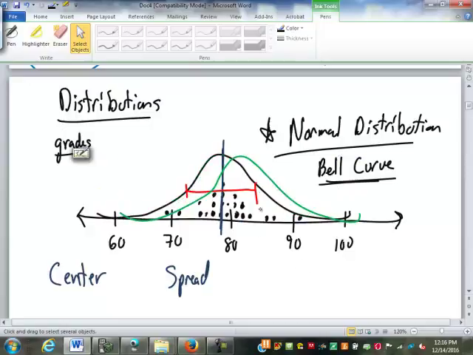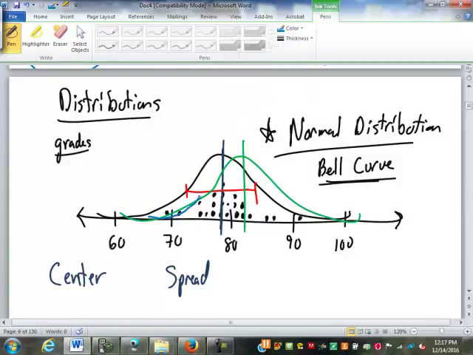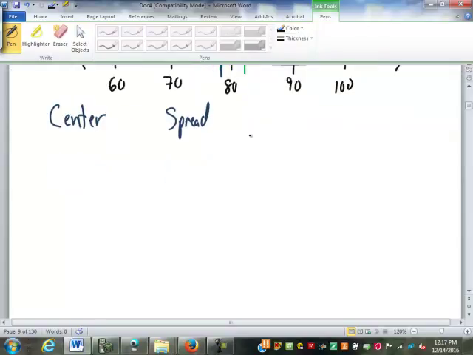Well, the difference between the black curve and the green curve is they have the same spread, but the center has changed. The green one has a higher, larger center. If I have a curve like this, now the black curve and the blue curve have the same center, but the blue curve is narrower. It has less spread. So all the calculations we do are in an effort to describe that center and spread.